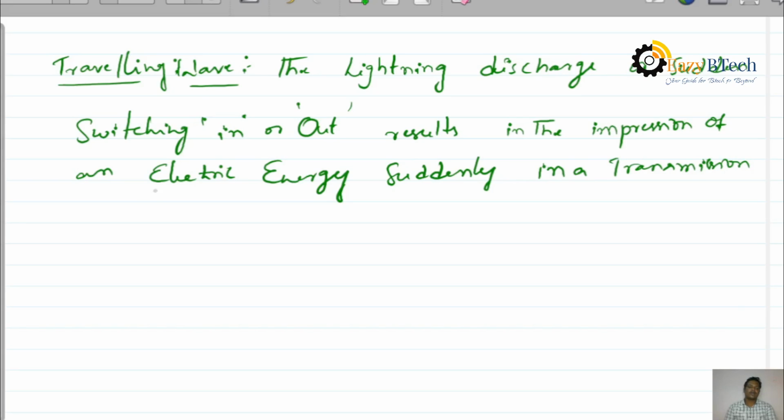That energy in the transmission line is called a traveling wave.